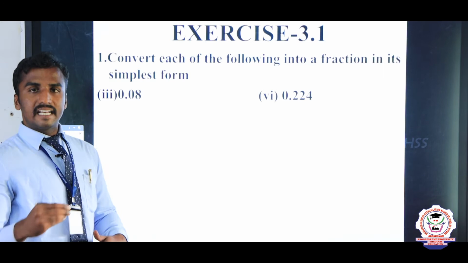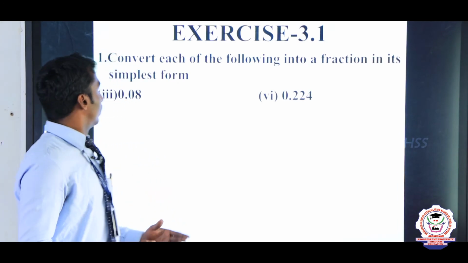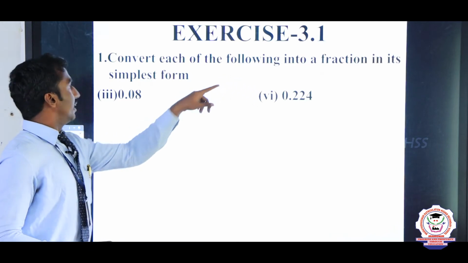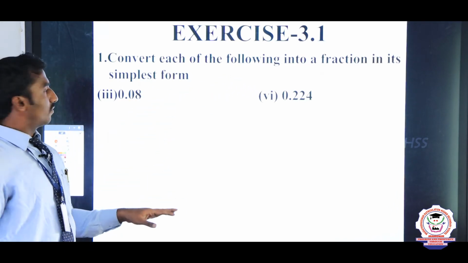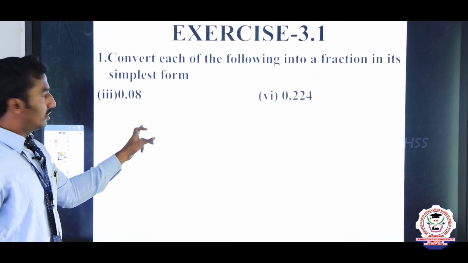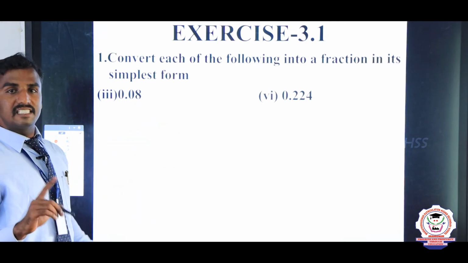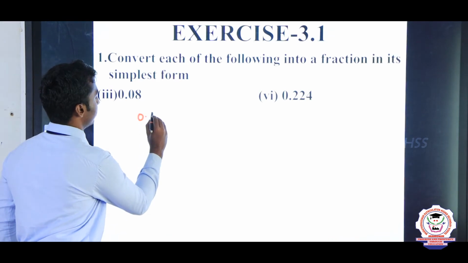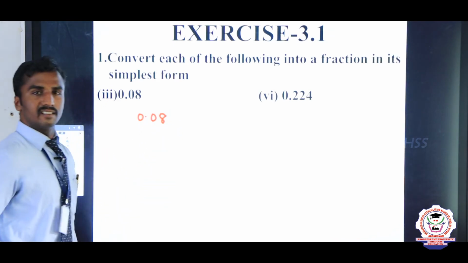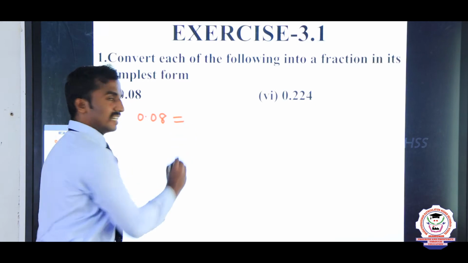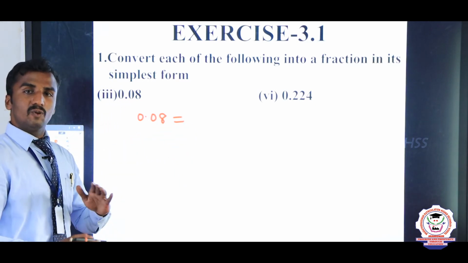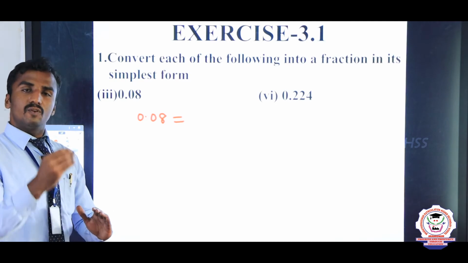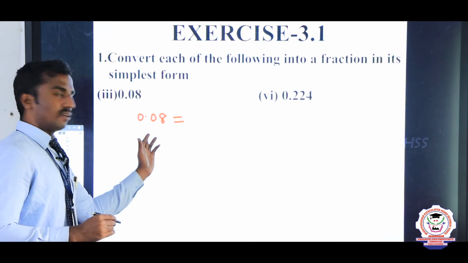Next, Exercise 3.1: convert each of the following into a fraction in its simplest form. First one, 0.08, is the decimal number. Converting this decimal number into a fraction, the first step is to count how many digits are after the decimal point.